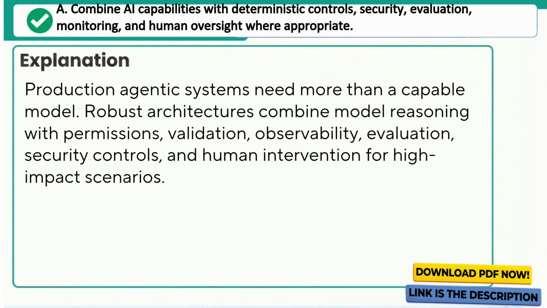Correct answer. A. Combine AI capabilities with deterministic controls, security, evaluation, monitoring, and human oversight where appropriate. Explanation. Production agentic systems need more than a capable model. Robust architectures combine model reasoning with permissions, validation, observability, evaluation, security controls, and human intervention for high-impact scenarios.